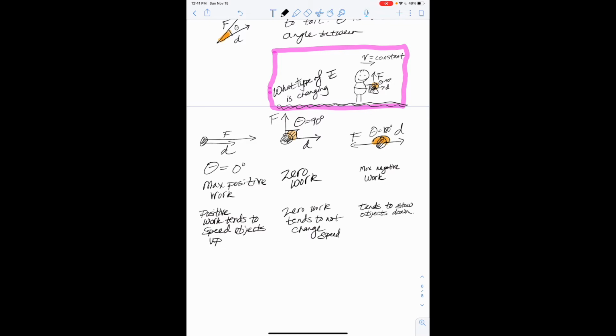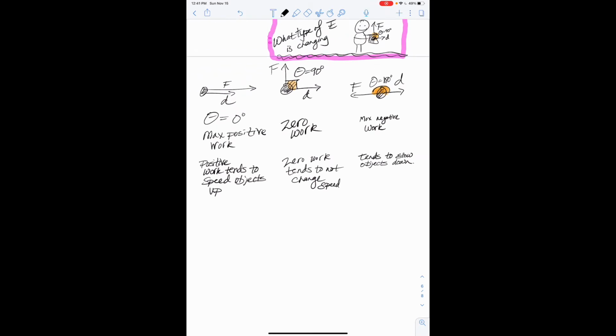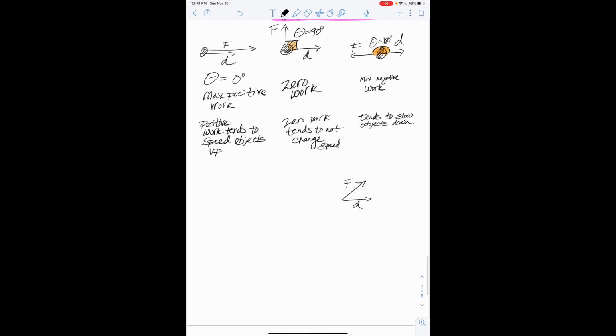Okay, so you also have the situations where you have partial work being done, right? And so I want to point this out. So let's say F points this way, D points this way, or maybe D points this way and F points this way.